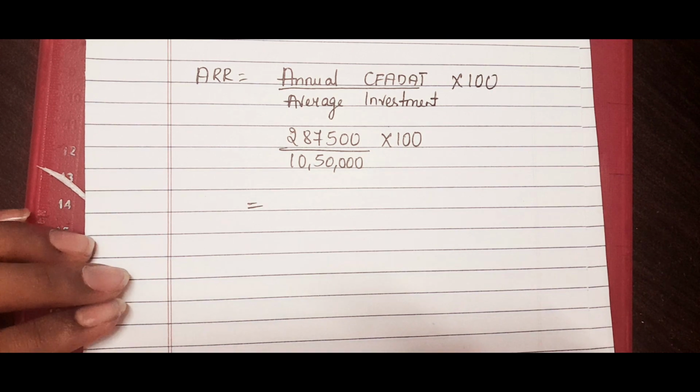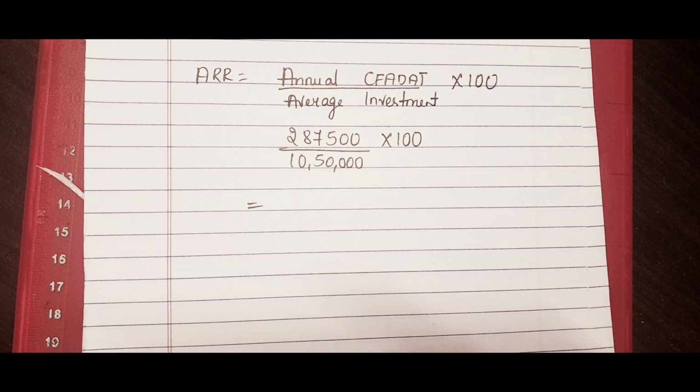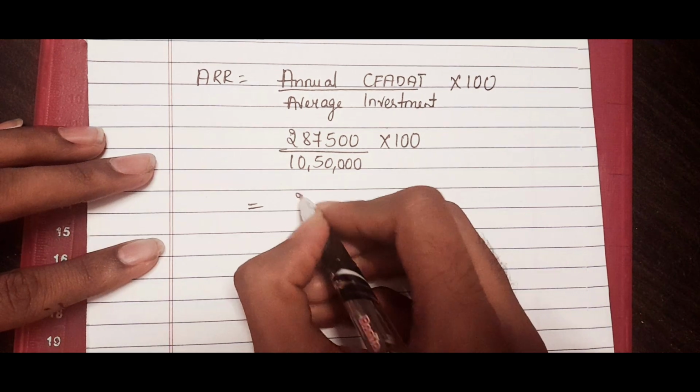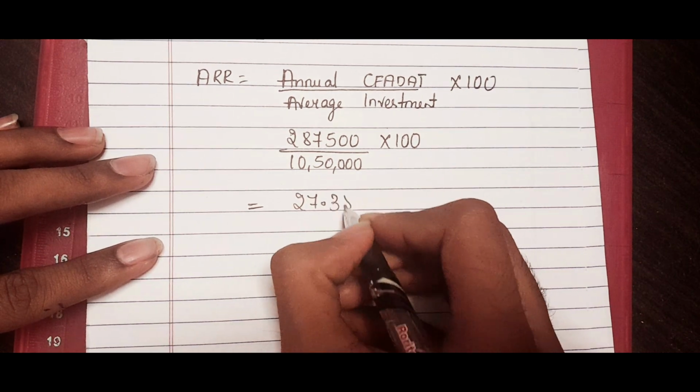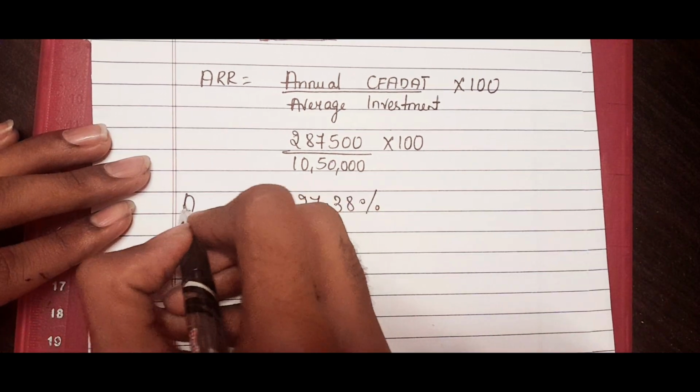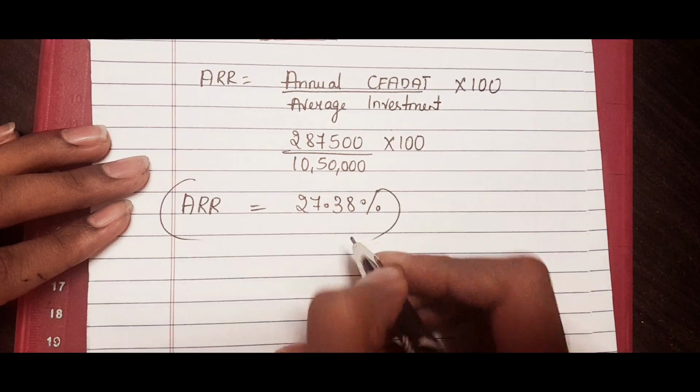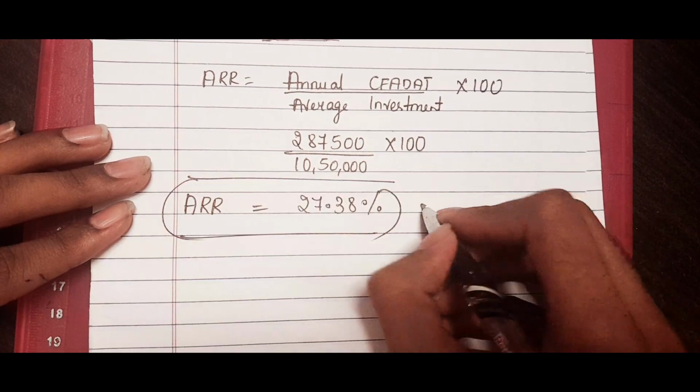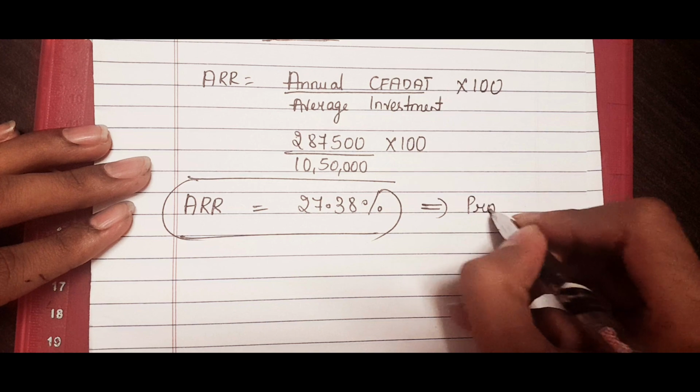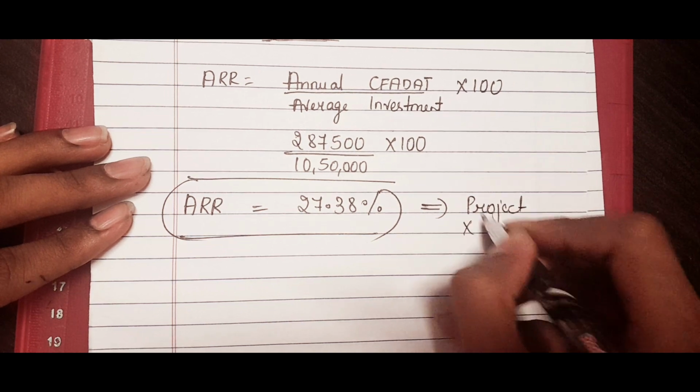The answer for this particular problem will be 27.38%. ARR, accounting rate of return, will be 27.38%. This is for project X.